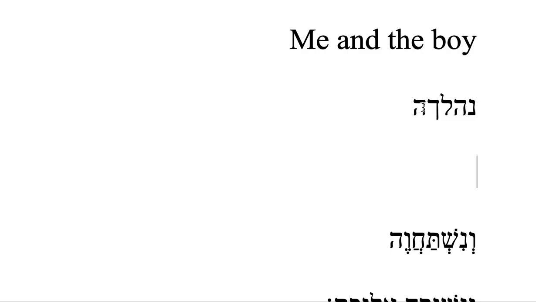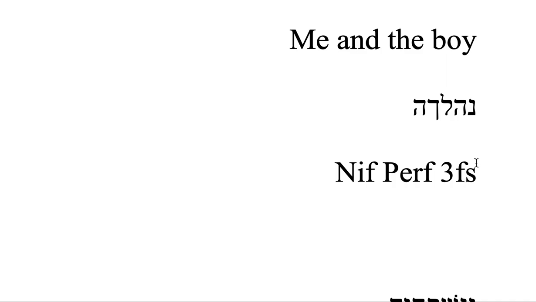Nun at the front and he at the end, you can think of two options. First, you could think that this is maybe a Nifal perfect, and with the he at the end, it would be third feminine singular. However, there is another option, and we don't really have any feminine in this story, right?